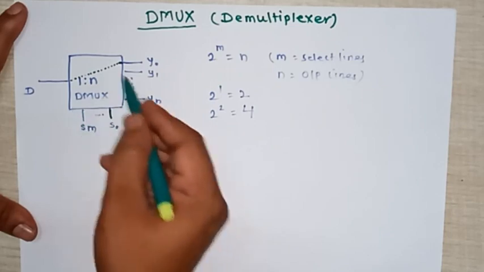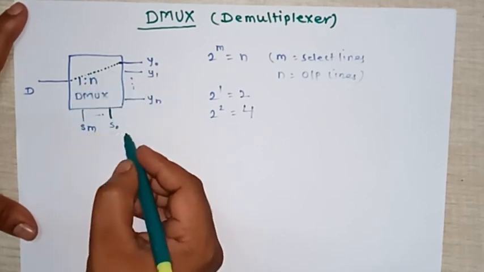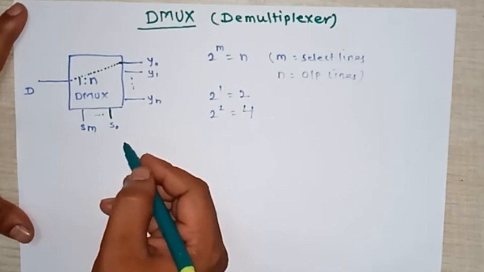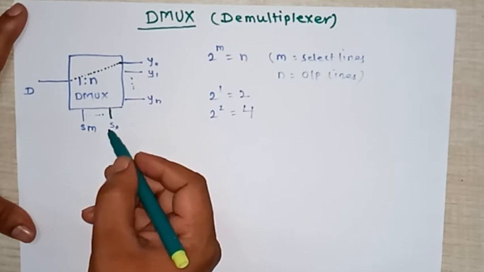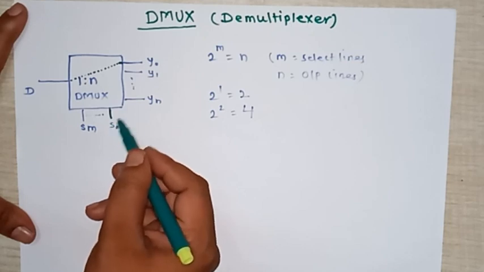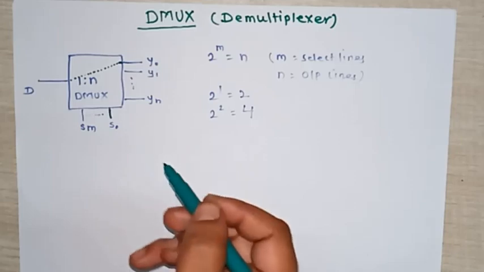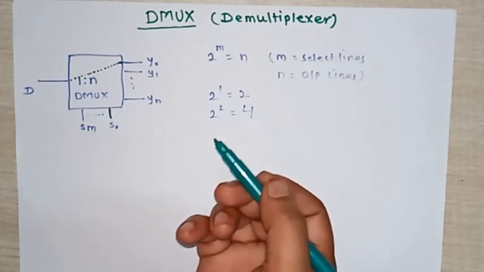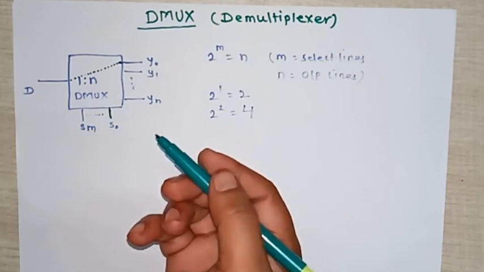In another way we can say that the demultiplexer is a digital switch, or it is also called an electronic switch. Such multiplexers and demultiplexers are used in, for example, a telephone exchange office, which we have already discussed. Suppose I want to make a call from Eola to Nasik.